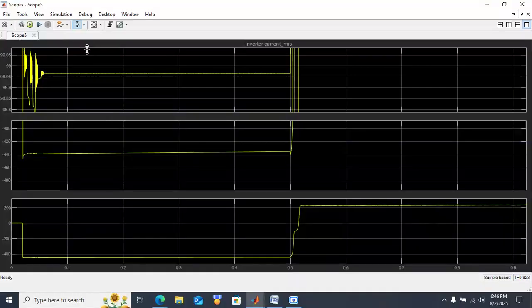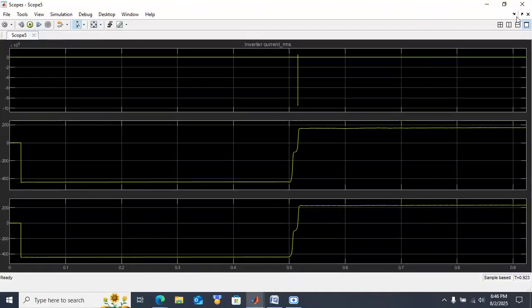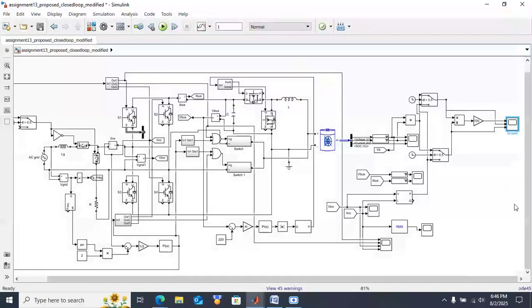Input power and output power are both almost the same. So this is a highly efficient partial power processing converter.